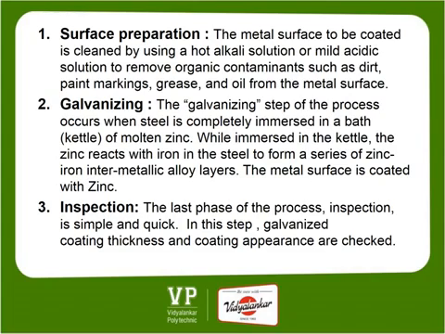The galvanizing step of the process occurs when steel is completely immersed in a bath of molten zinc. While immersed in the bath, the zinc reacts with iron in the steel to form a series of zinc-iron intermetallic alloy layers. The metal surface is coated with zinc.